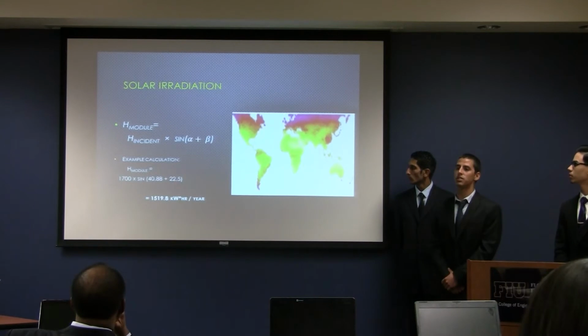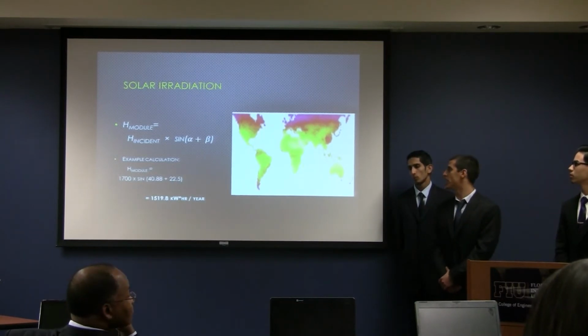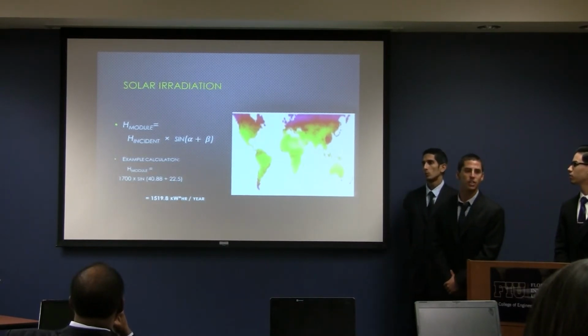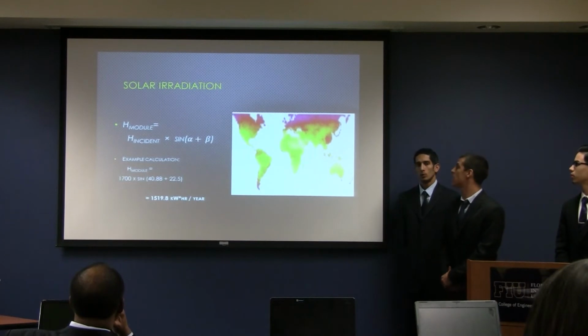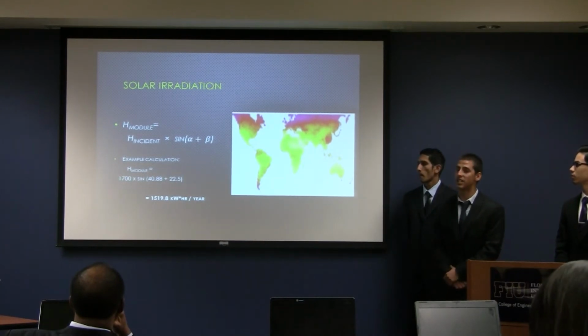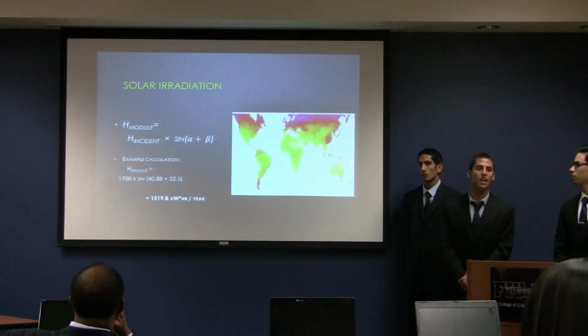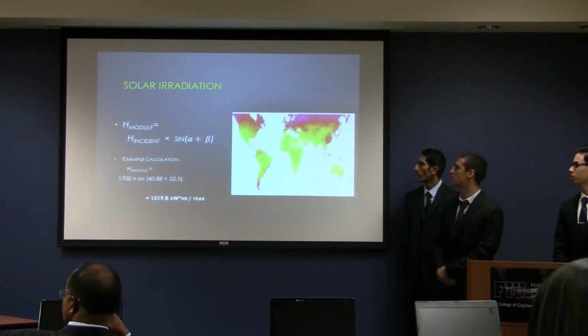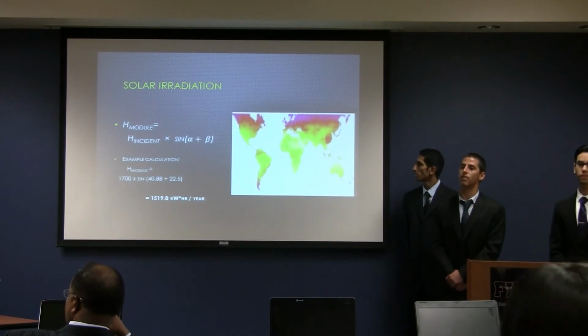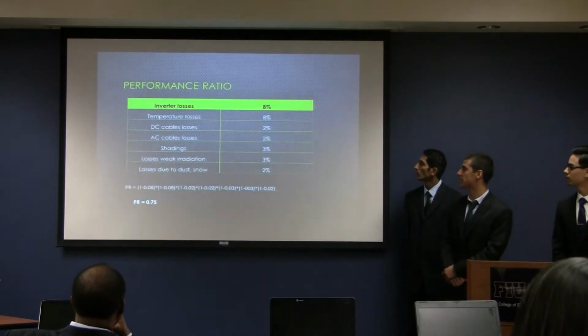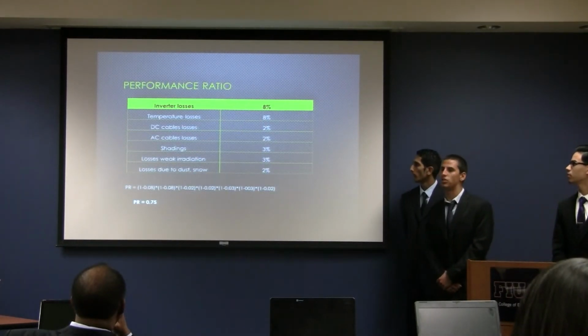This chart shows worldwide solar irradiation, with yellow being most irradiation, red being less. From here, we get our value of incident solar irradiation, which is then plugged into the formula, along with the elevation and tilt angles, to obtain the solar irradiation for each hour of testing. This is the performance ratio table.